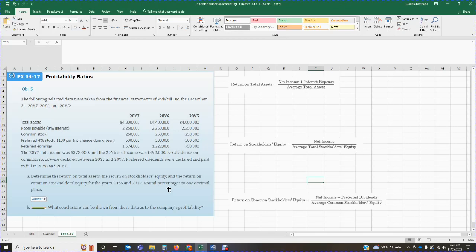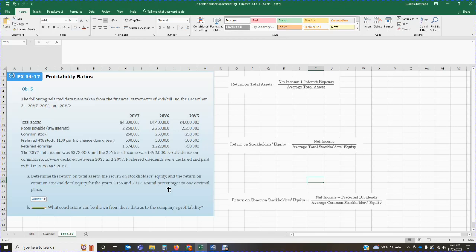Okay, a higher profitability ratio in comparison to other periods or other organizations basically means that the business is performing well by generating revenues, profits, and cash flow. Okay. And basically when we look at ratios, we say, well, what are we comparing this to?